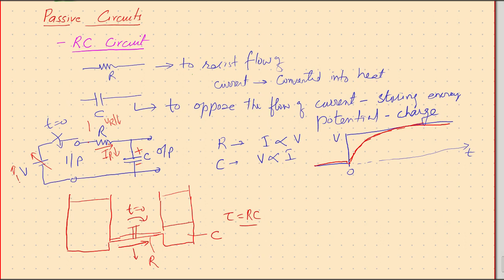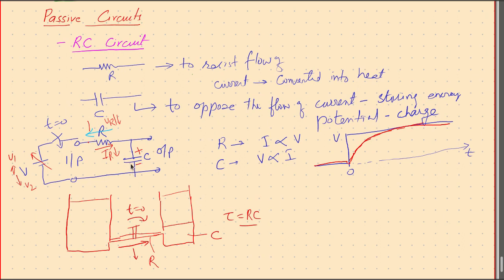Now get it down to V2. Last time we had gone to V1. Now get it down to V2. Now this is V2, this is V1. V2 is less than V1. Therefore, now the current starts flowing in the reverse direction.